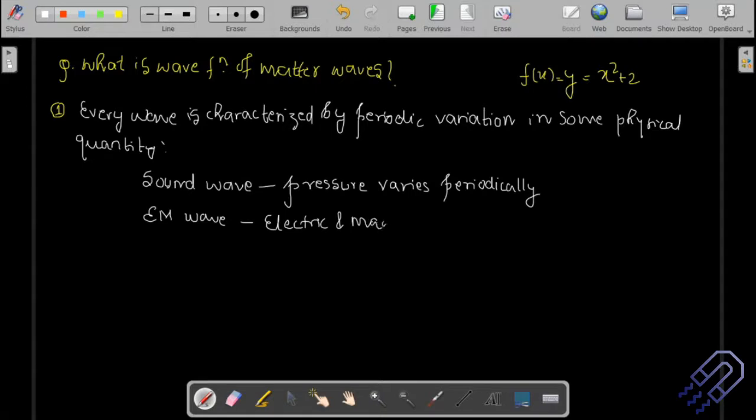So this is also something which you might already know. So electric and magnetic field vary periodically.